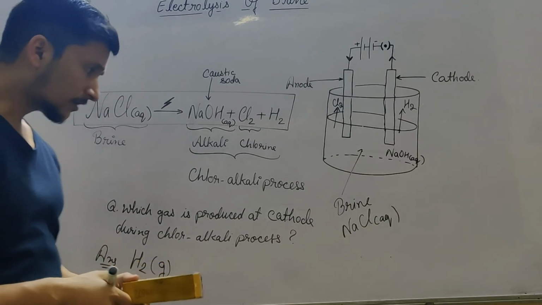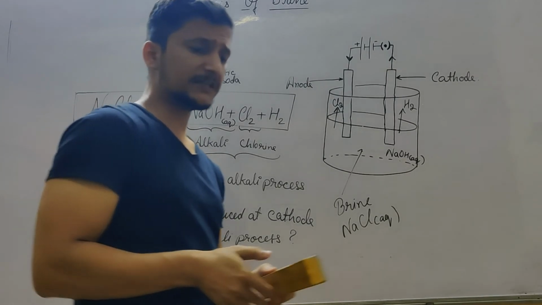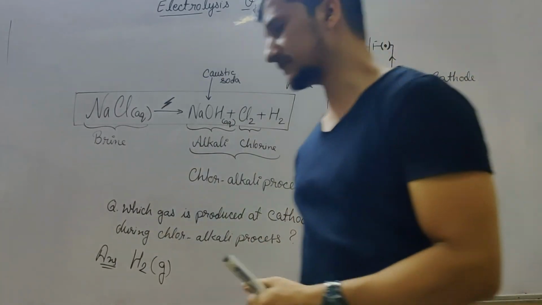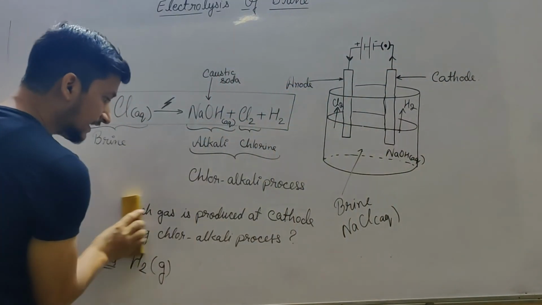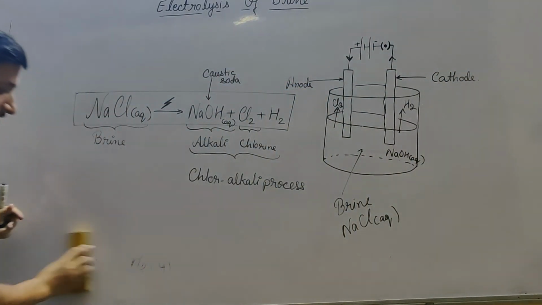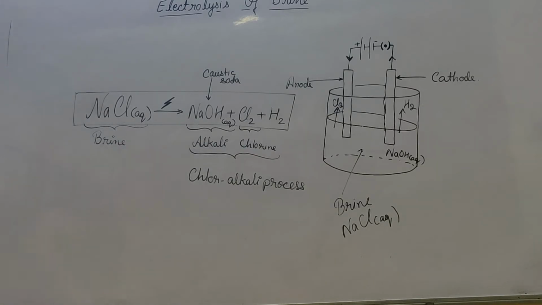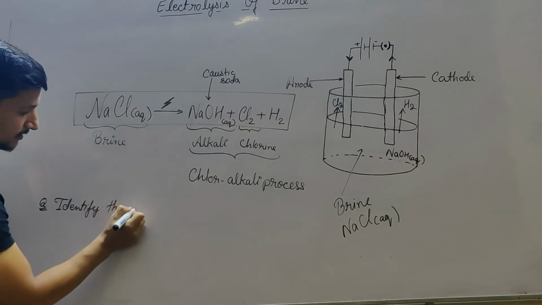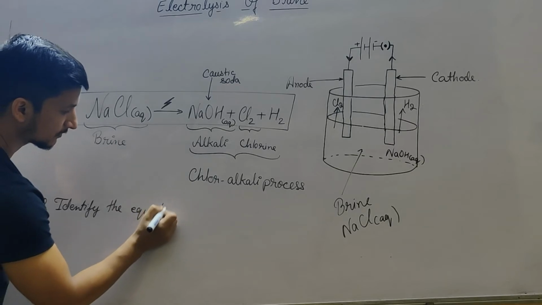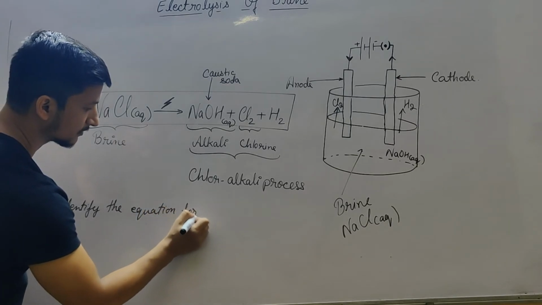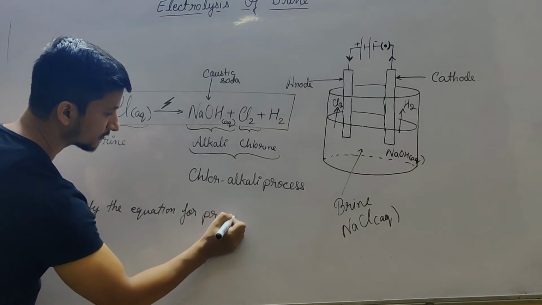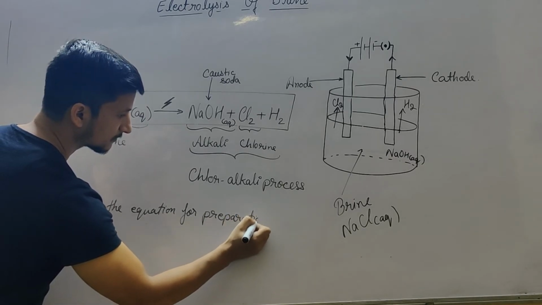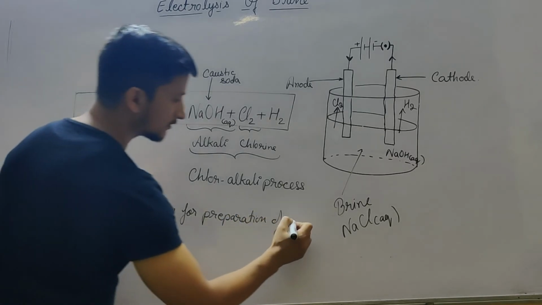Now moving forward, what can be the next question related to this? The next question that you will get from this chlor-alkali process is to identify the equation for preparation of caustic soda.